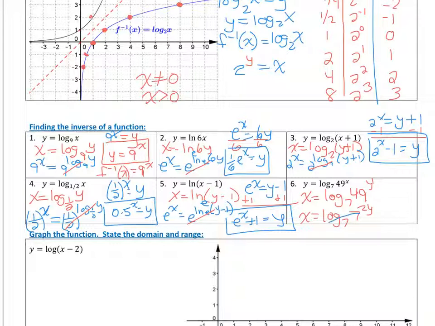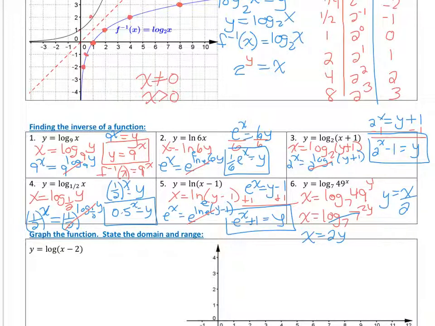So this actually simplifies to x equals 2y. And if I solve for y, then y equals x divided by 2. So this happens to be the inverse function of y equals log base 7 of 49 to the x.